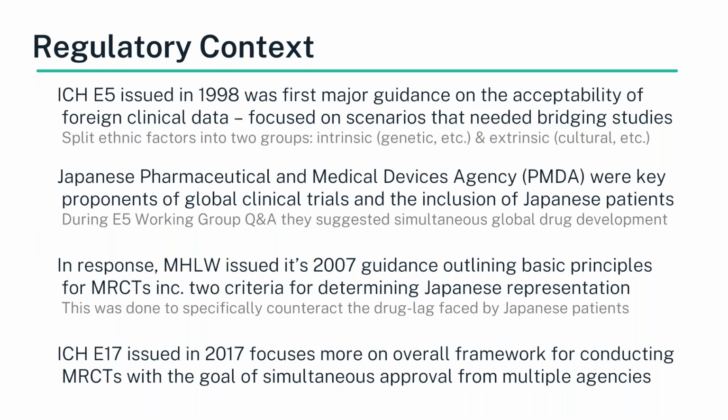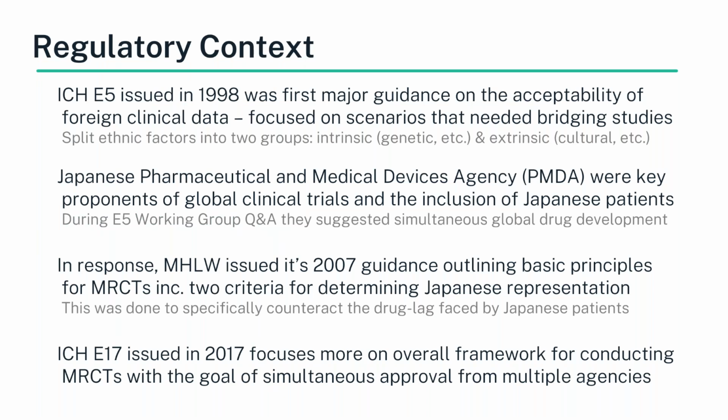But then, obviously, the more difficult part is the extrapolation of this clinical data from the foreign patients onto the new region. And so, if there's a belief that there's some factors that could alter the safety and efficacy in the new population, then a bridging study would be required.